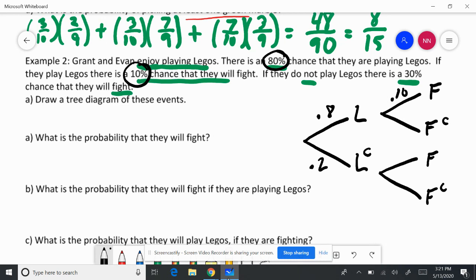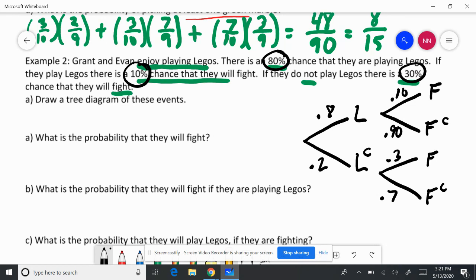Remember, the branches add up to 1, so that means not fighting would be 90%. Now, if they don't play Legos, there's a 30% chance that they will fight, 0.3. And if that's 0.3, this right here would be 0.7. Notice that it adds up to 1.